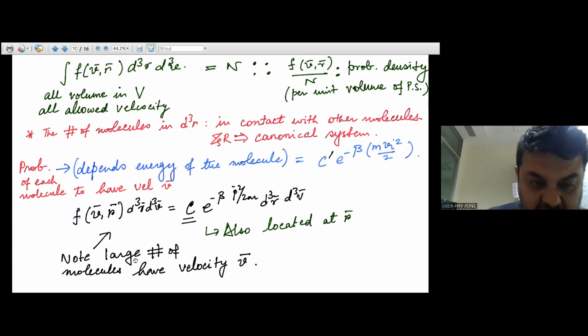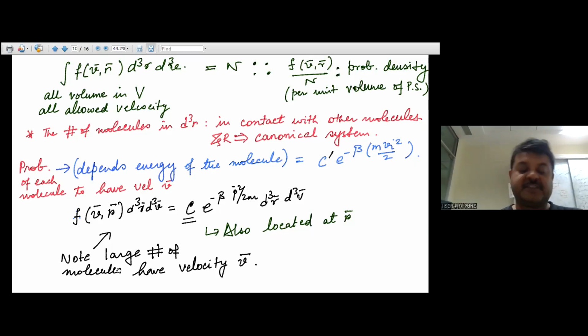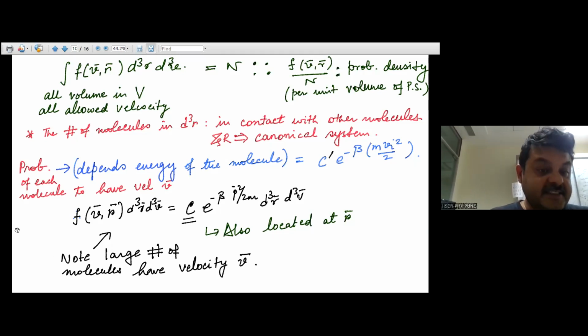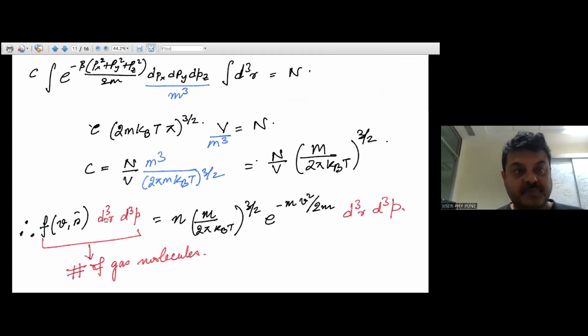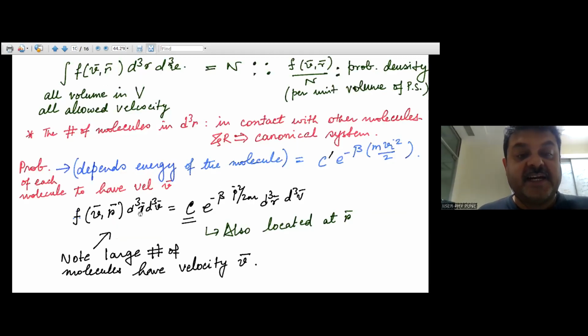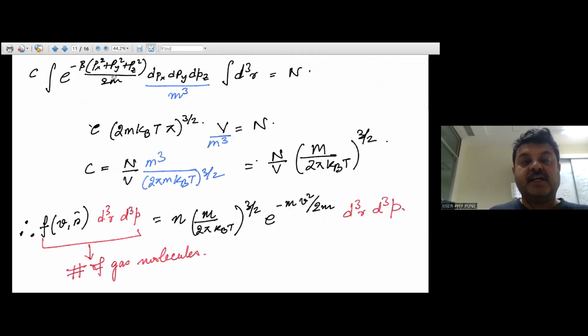The thing to remember is that in each volume element of phase space, d3r and d3p, there will be a large number of molecules which can have the velocity v. This quantity gives a count of all the molecules which have a particular velocity vector v. This quantity is like dn.